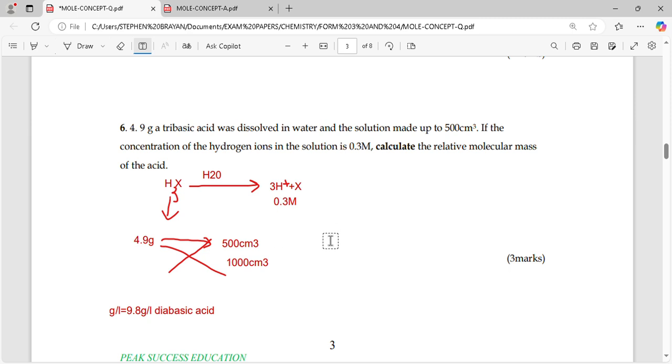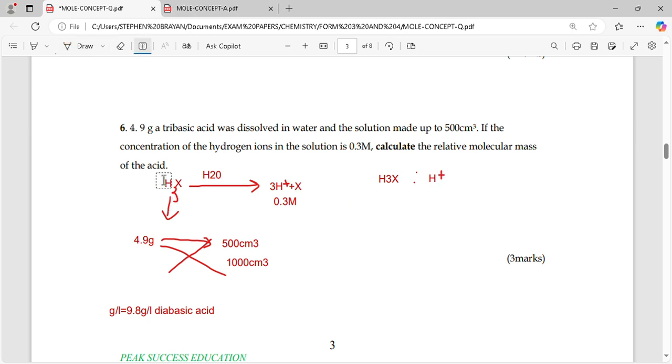But remember, if you look at the dibasic acid, which is H3X, if you look at the concentration of the dibasic acid to the hydrogen ions, I want to look at that mole ratio.